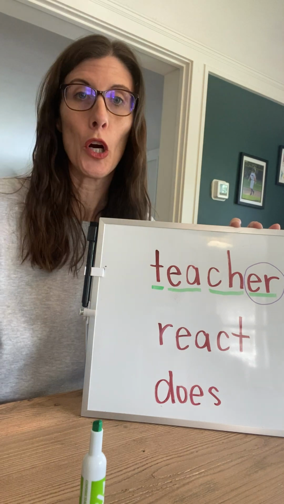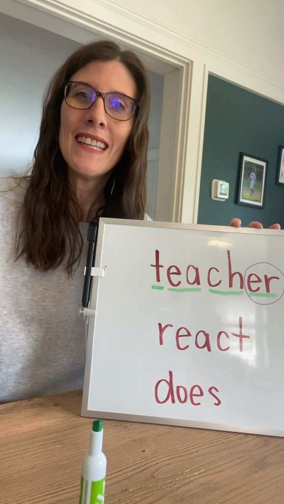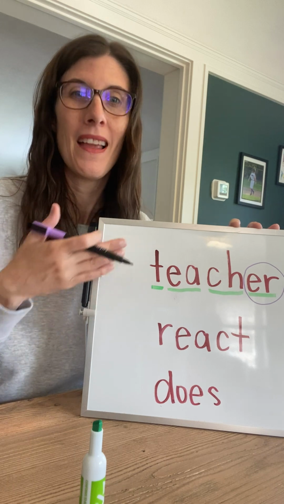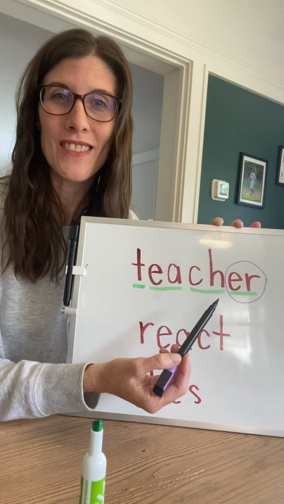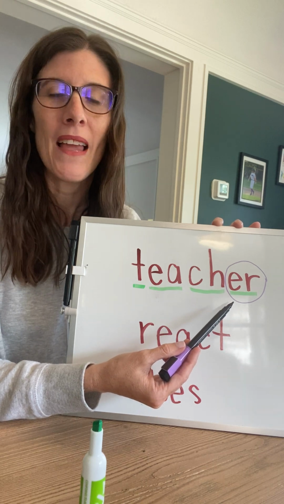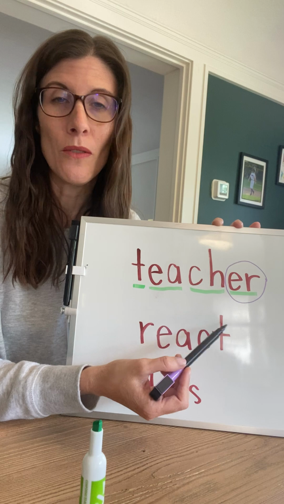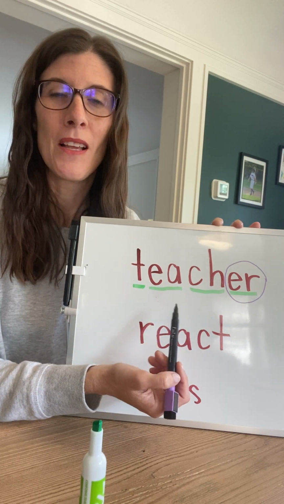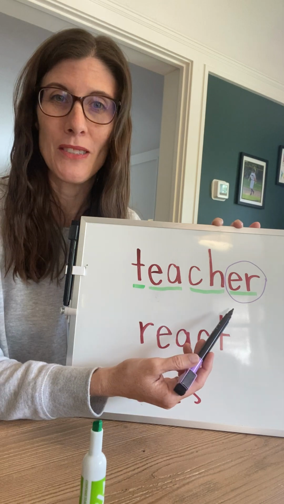So in the word her, H-E-R, ER is simply a grapheme that spells a sound. In teacher, ER is a grapheme that spells that sound, but it's also a suffix that has meaning, and it means one who, or a person who, so one who teaches is a teacher. So I want to point this out to my students.